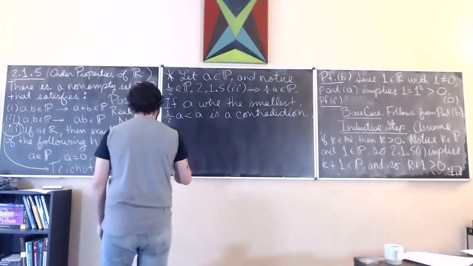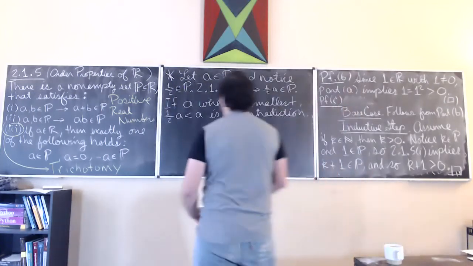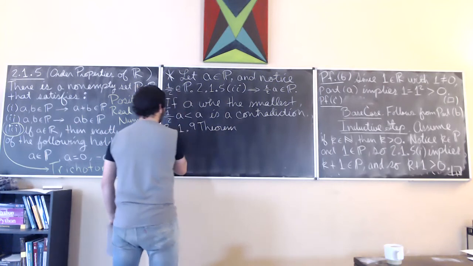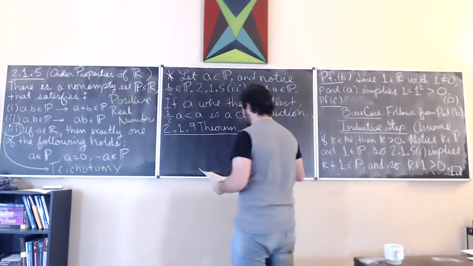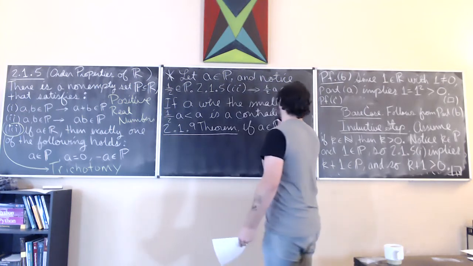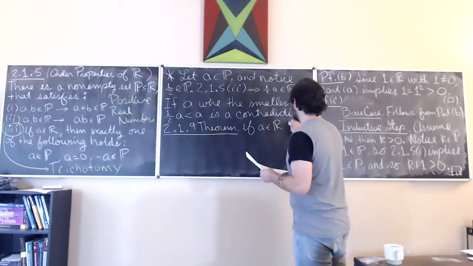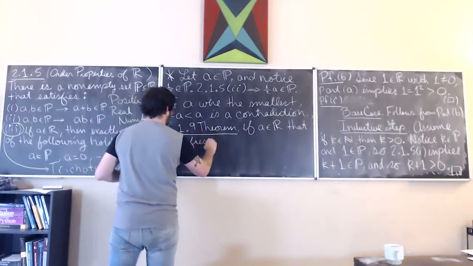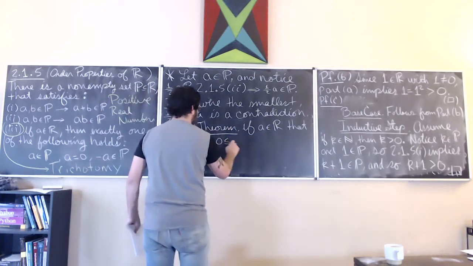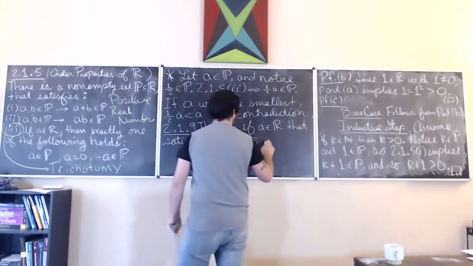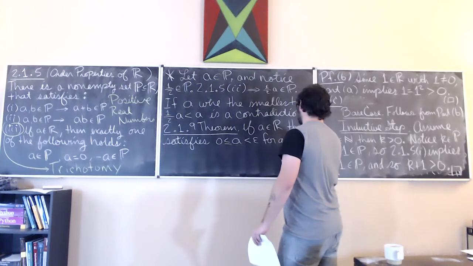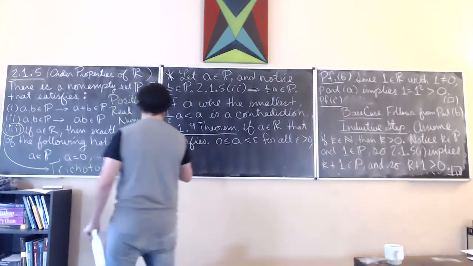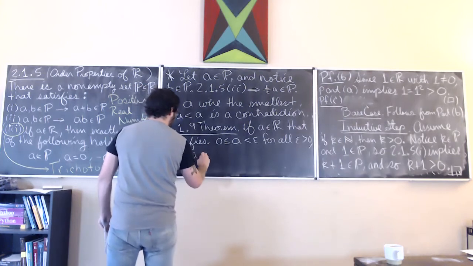So as a consequence of this, we get the following theorem, 2.1.9. And this theorem states that if A is a real number that satisfies zero less than or equal to A less than or equal to epsilon for all epsilon greater than 0, then A is equal to 0.